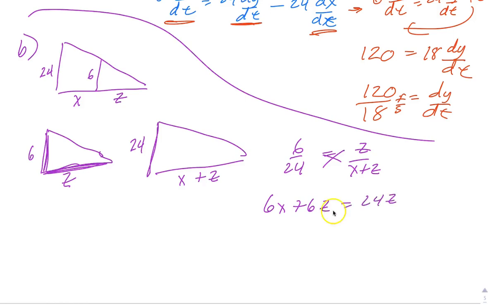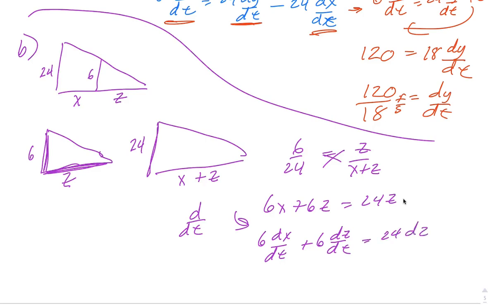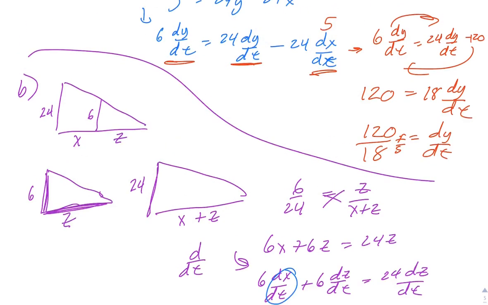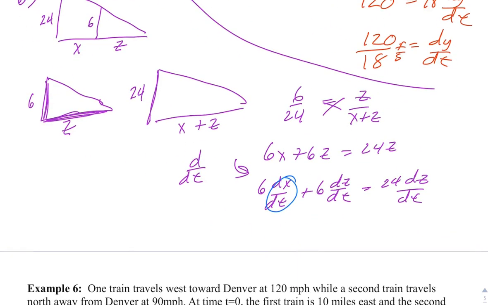Once we have our equation the way we want it, we take a derivative with respect to t. So I get 6 dx/dt plus 6 dz/dt equals 24 dz/dt. Honestly, probably a little bit easier if I move the 6 over first. Alright, now we plug in what we have. dx/dt, from last time we learned that it's 5, it's given.